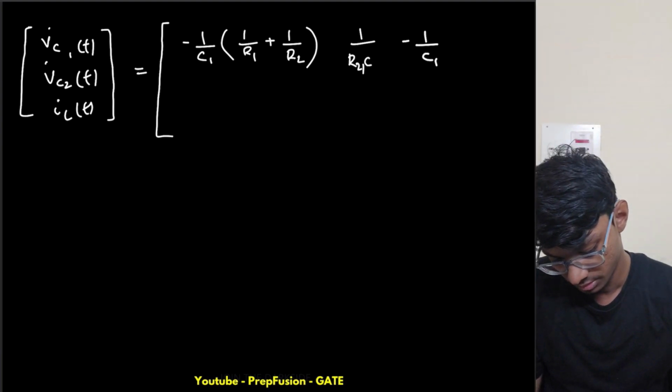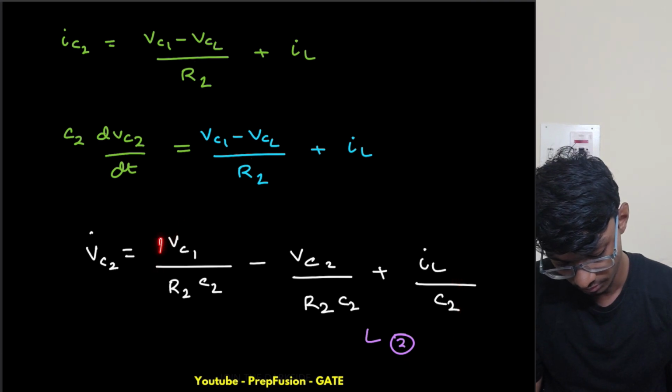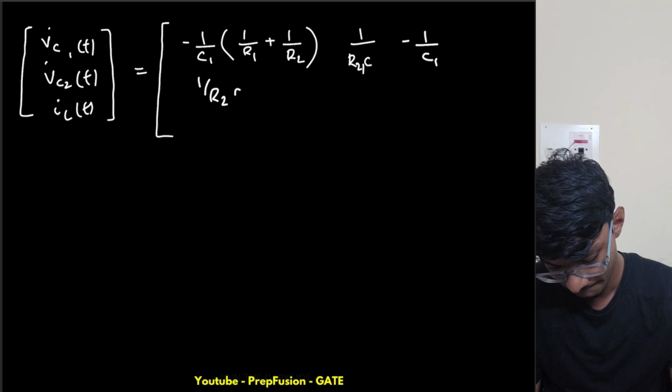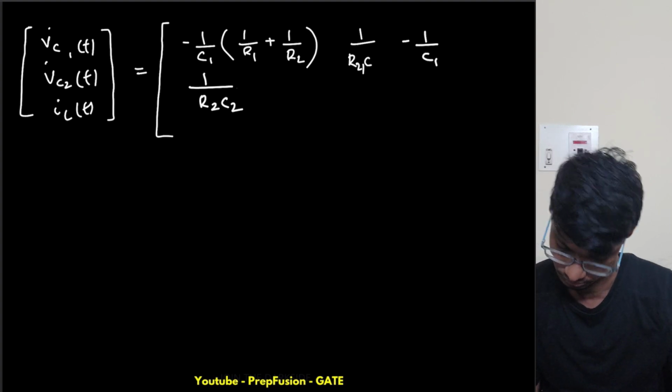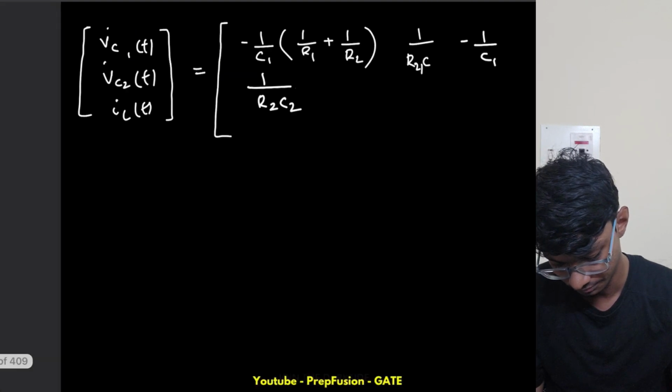The second equation is this one. So this is 1 by R2 C2, and this is minus 1 by R2 C2.